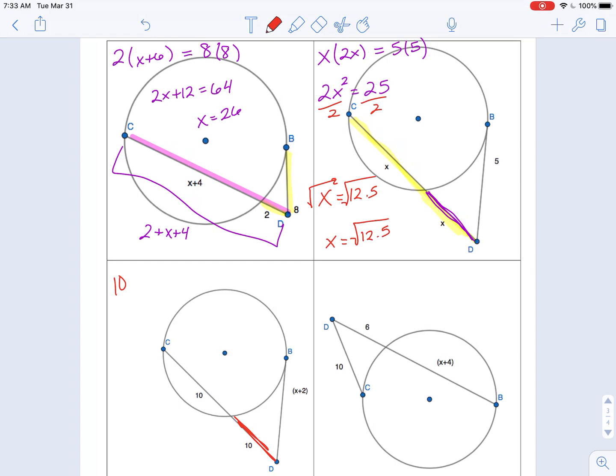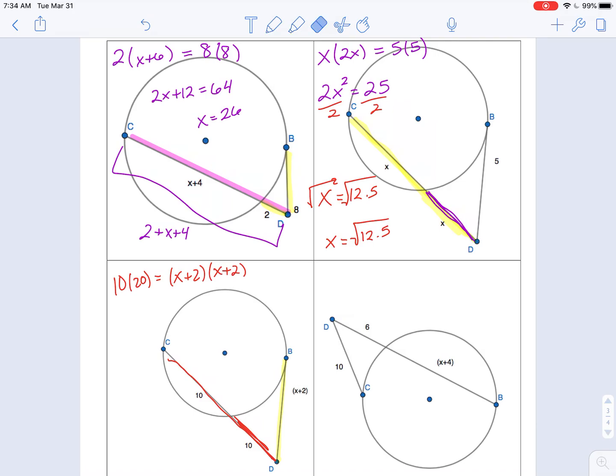All right, so let's look at this one here. Part outside the circle is 10. The whole secant here is 10 plus 10, or 20, equals, now let's see, what's the part of this secant outside the circle?